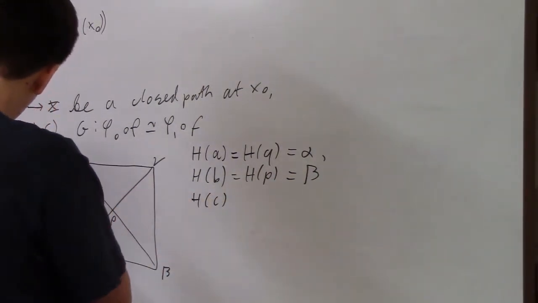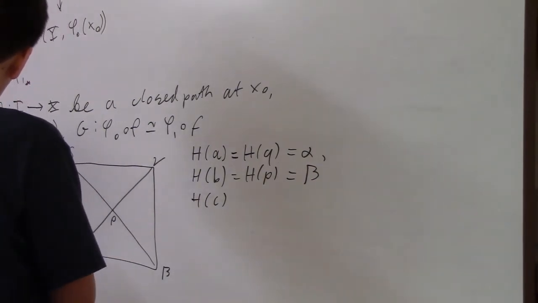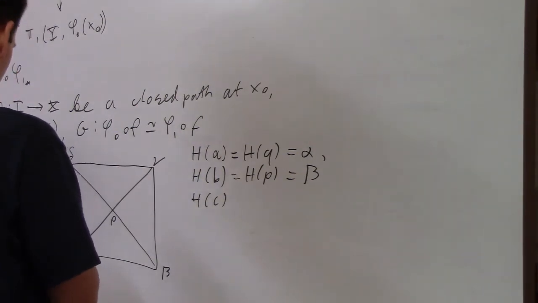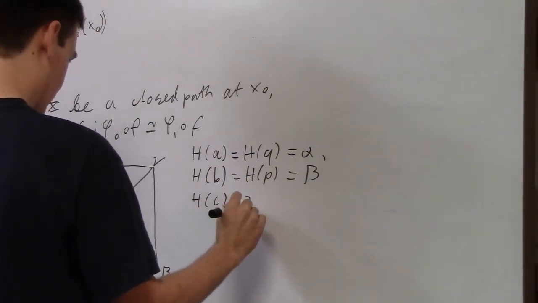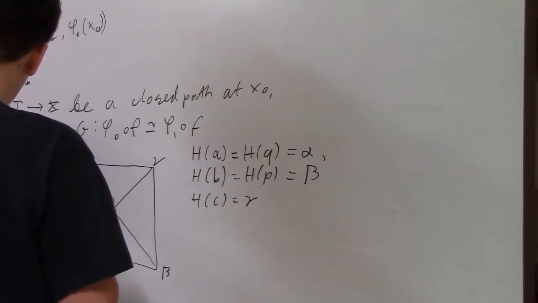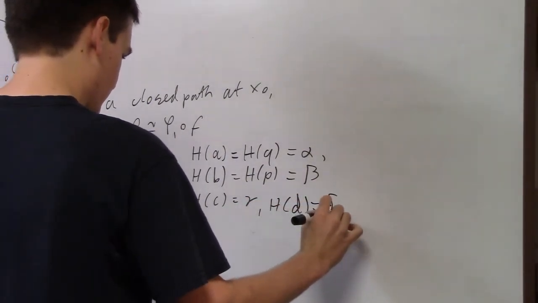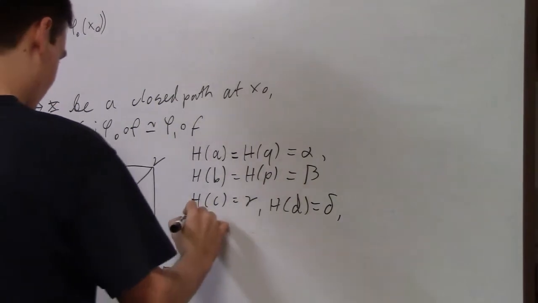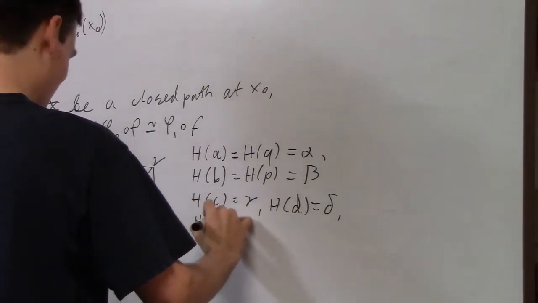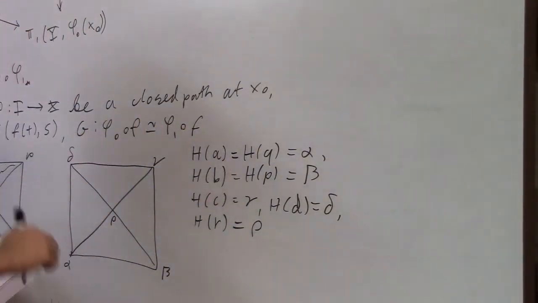H of c, h of p, gamma. And h of d is delta. D goes to delta, and the middle goes to rho. As I've mentioned before, I technically need to buy reading glasses. Probably would be helpful. All right, so you have that as your definition.